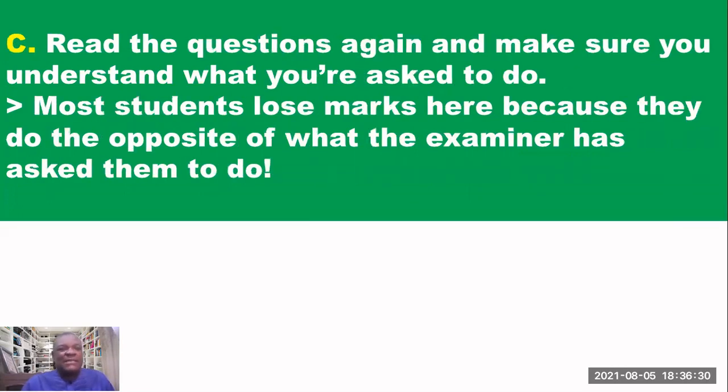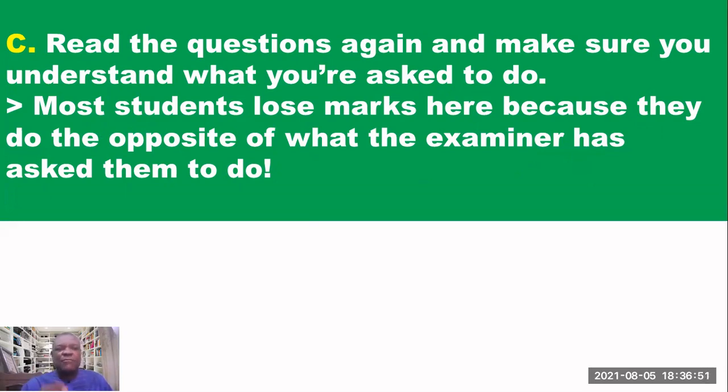Then the C aspect of read is to read the questions again and make sure you understand what you are asked to do. Very, very important, because most students lose marks at this stage in that they do the opposite of what the examiner has asked them to do.